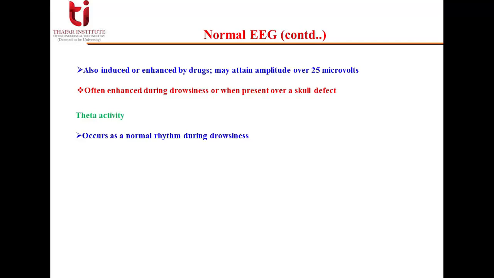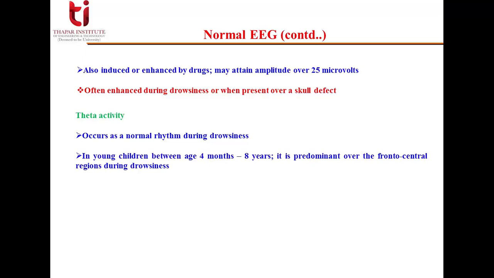Theta activity occurs as a normal rhythm during drowsiness. In young children between age 4 months to 8 years, it is predominant over the fronto-central regions during drowsiness. In adults, sinusoidal theta activity can occur over the head regions during drowsiness.